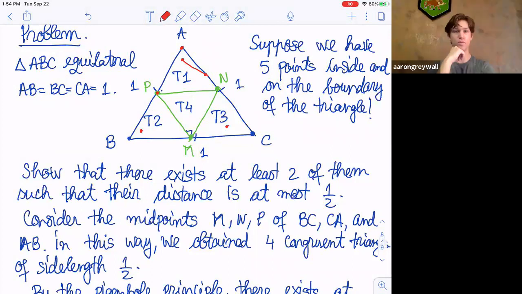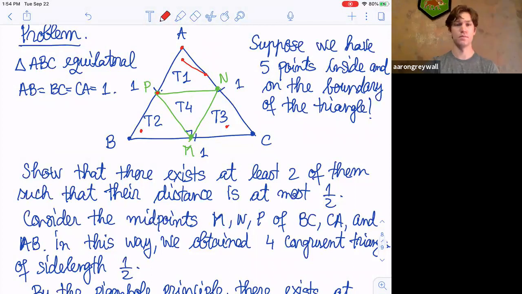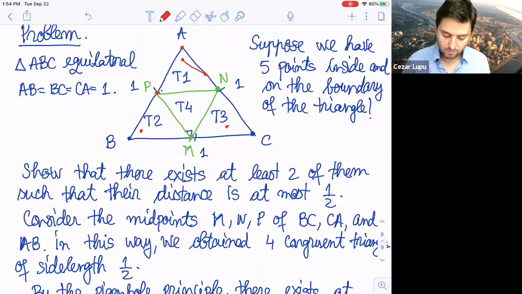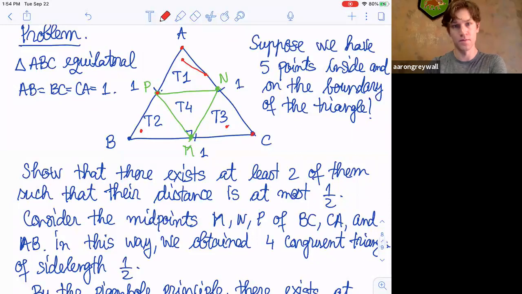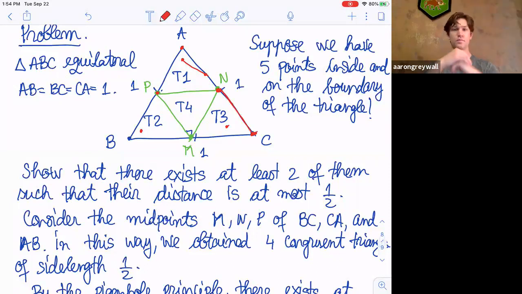Look, for example, you can have them here, and one here. So this is what I mean by on the boundary.